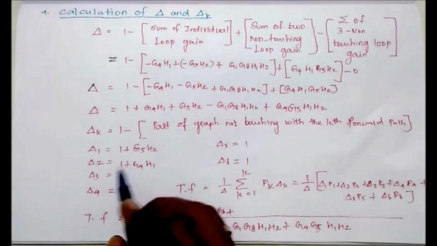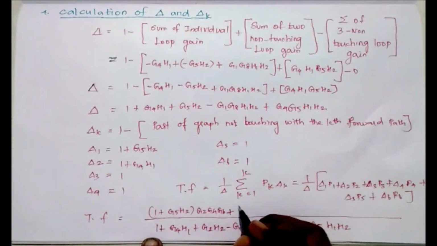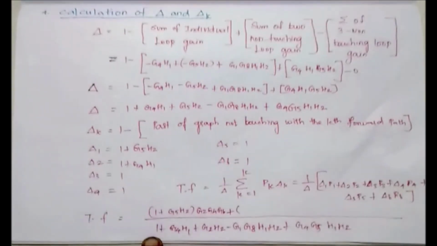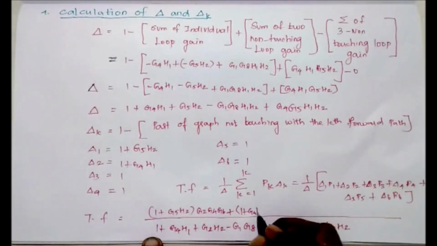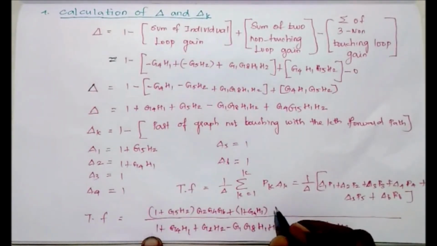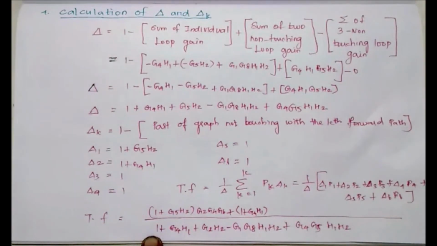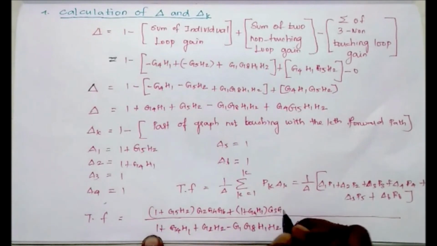Plus del 2 value, this is the del 2 value: 1 plus G4 into H1, into the P2 value we already calculated. P2 is the second forward path gain, so the second forward path gain is G3 G5 G7.